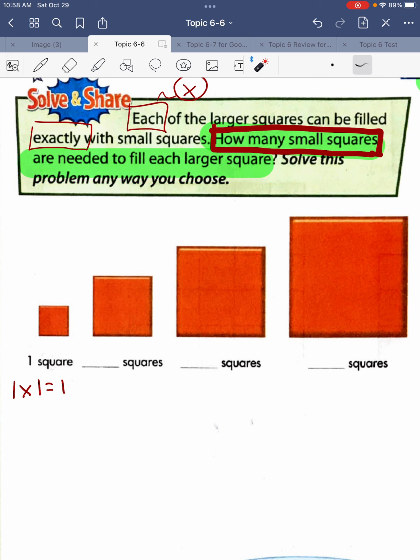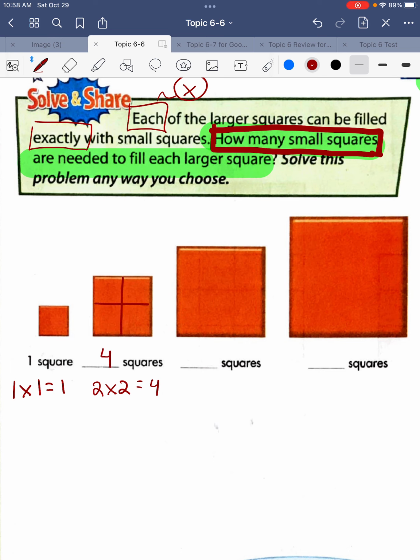Now we want to find out how many are in the next square. Let me do 2 now. I'm going to do 2 times 2, the same factor, and I should know that's 4. So there are 4 squares in this one.